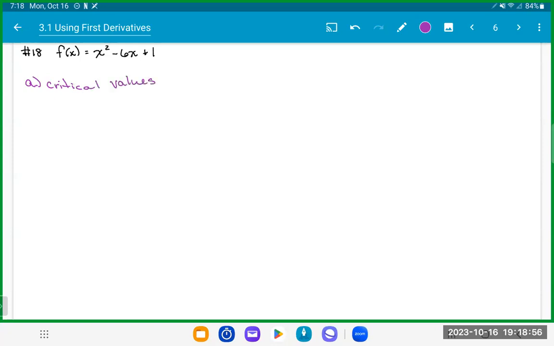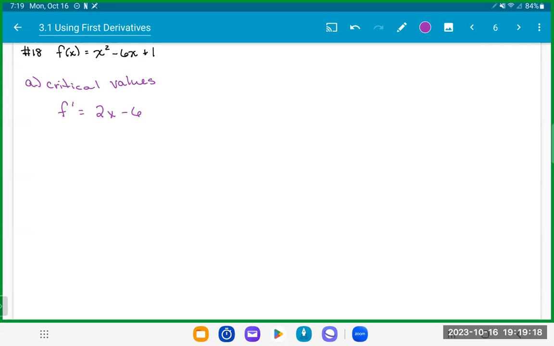So for our critical values, what we need to do is look at our derivative. So first, our f prime is going to equal 2x minus 6, right? All I did was take the derivative of our original function. That's something we all should be very familiar and comfortable with at this point.